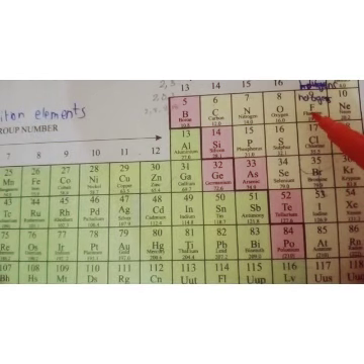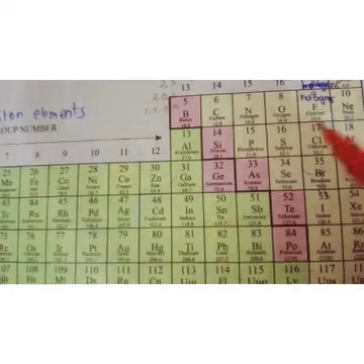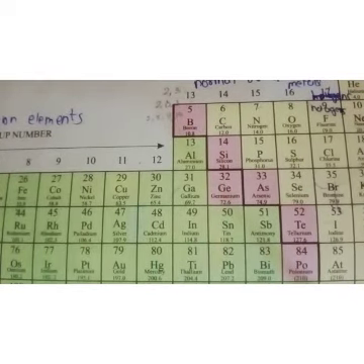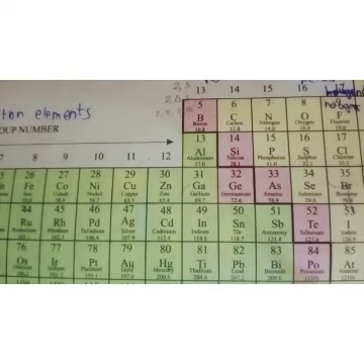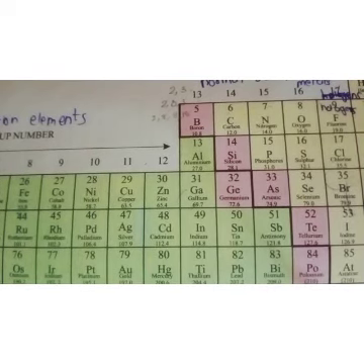So 17th group elements are called halogens, 18th group elements are called noble gases, first group elements are called alkali metals, second group elements are called alkaline earth metals, and groups 3 to 12 are called transition elements. These are the various names given for different groups.